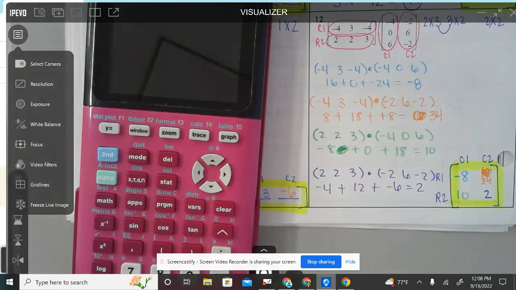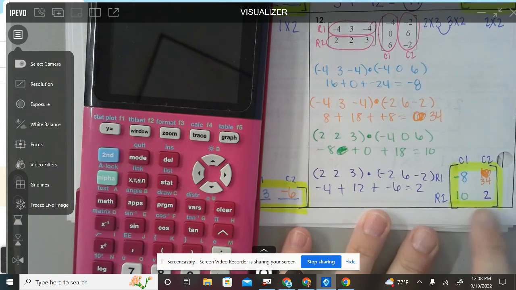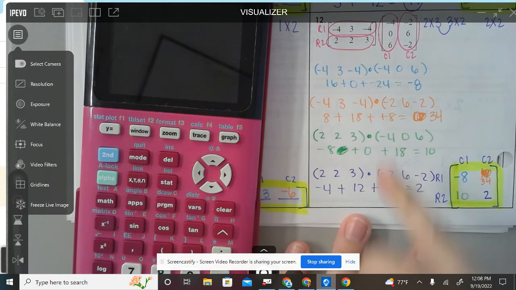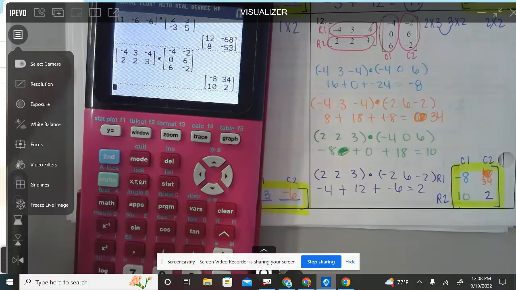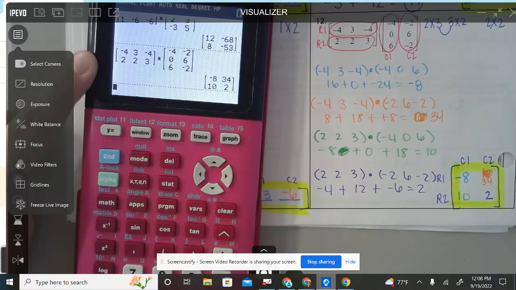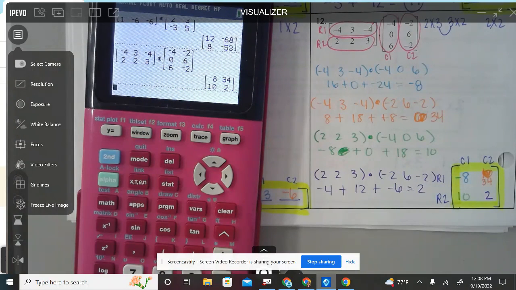You should get -8, 34, 10, and 2. So if you missed any one of those 4 numbers, you should know where to go back, check your math, check your calculations. You probably missed a negative somewhere. And again, it would be a really good idea for you to type it in your calculator, check your answer. Any questions?